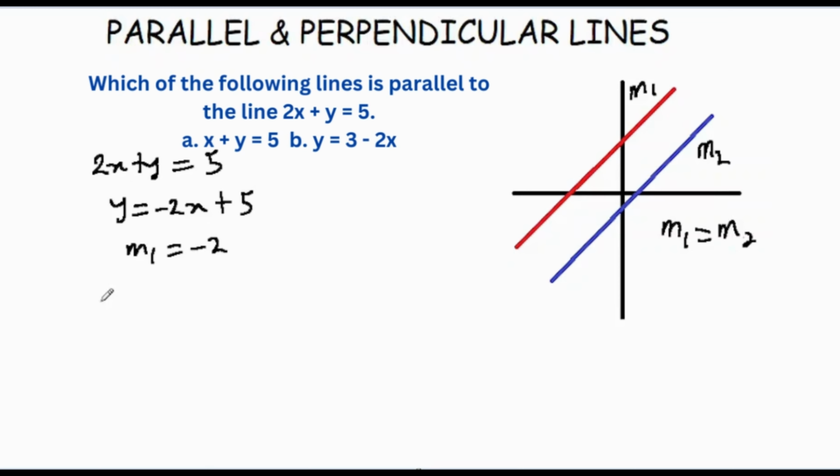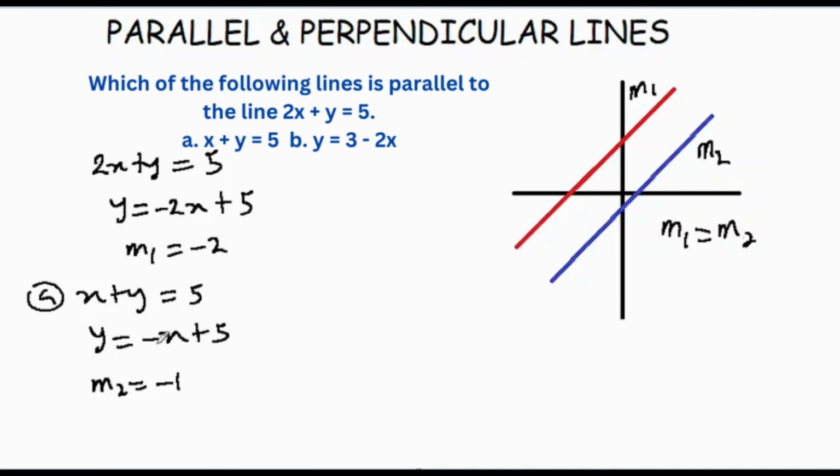For the first line, we are given x + y = 5. That's option A. So let's rearrange this again. We have y = -x + 5. So let's take our slope to be m2, and that is going to give us -1.